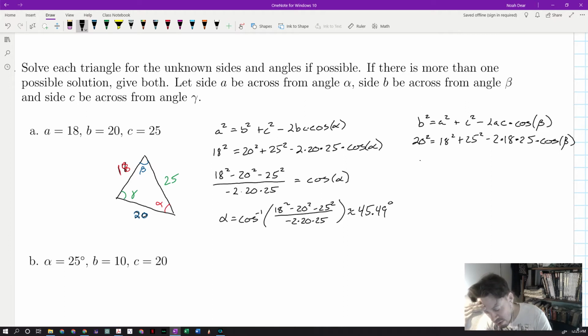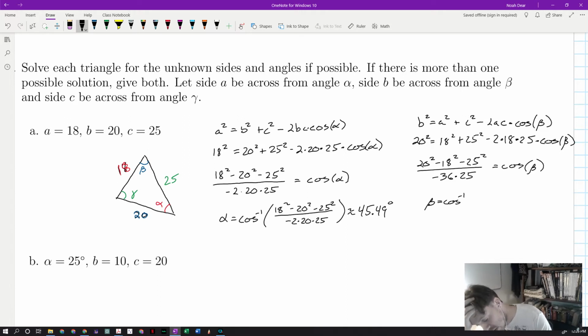Subtracting the 18 squared and 25 squared, I get 20 squared minus 18 squared minus 25 squared divided by negative 36 times 25 equals cosine of beta. And so I get beta equals the cosine inverse of 20 squared minus 18 squared minus 25 squared all over negative 36 times 25.